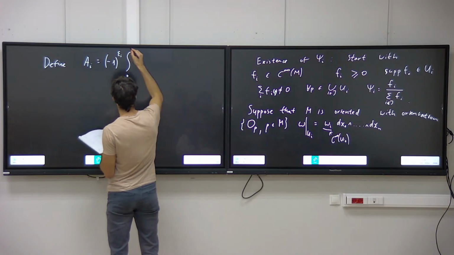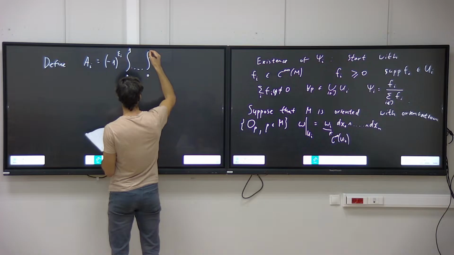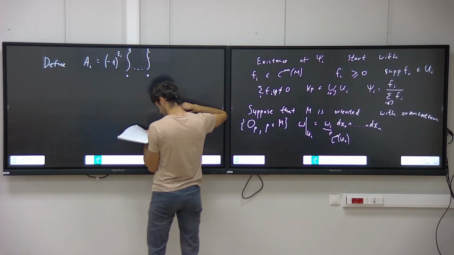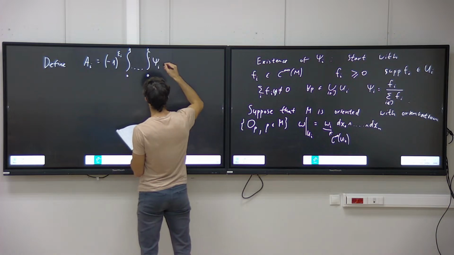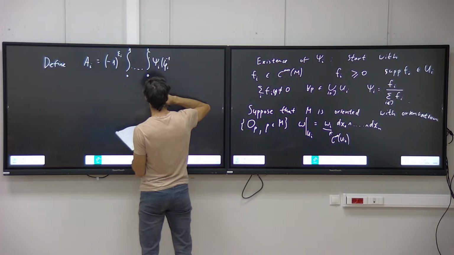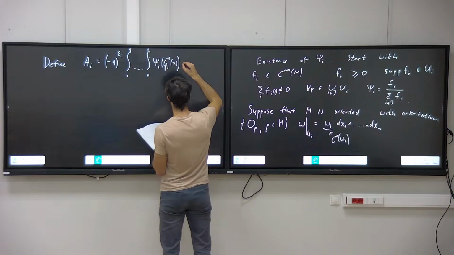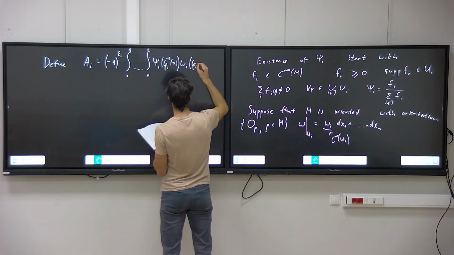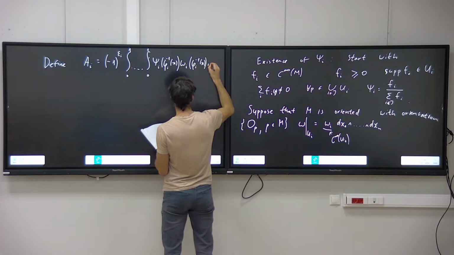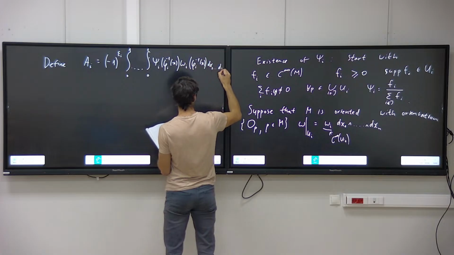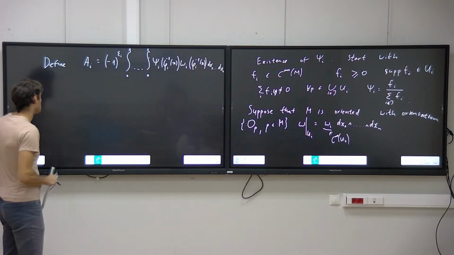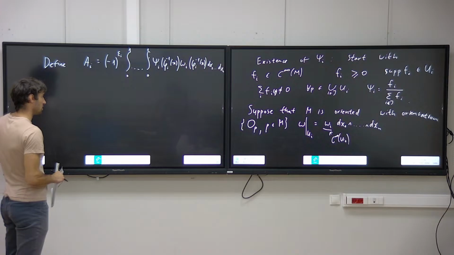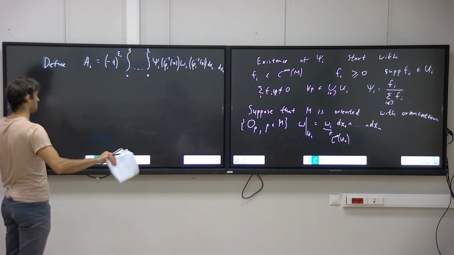Then the integral, like a multiple integral from 0 to 1, of psi I of phi I inverse of x, times omega I of phi I inverse of x, and then dx1 through dxn. So this is one piece from which we pull the whole integral together.